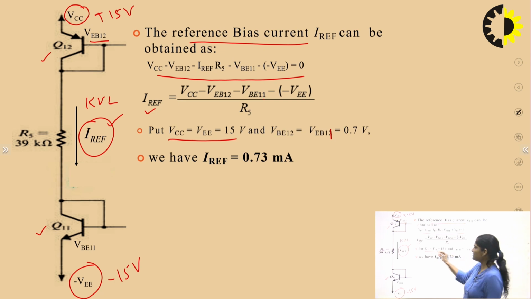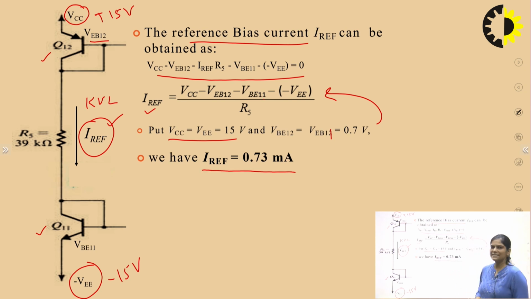So now consider these values and put all these values in this equation, and you will get the reference current that is equal to 0.73 milliampere. So it will help you in the next circuit diagram. That's why we are calculating I reference, that is equal to 0.73 milliampere.